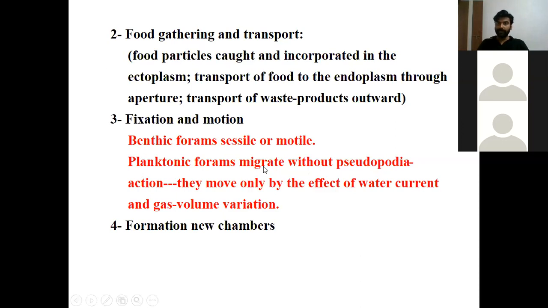Planktic foraminifera migrate without pseudopodia action. They can move only by the effect of water currents or gas volume variation. Even if the pseudopodia are not there, they move through water current. They don't move by themselves; the water current carries them from one place to another.